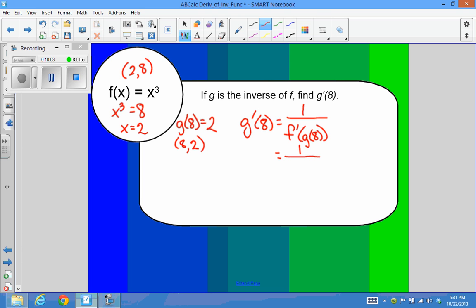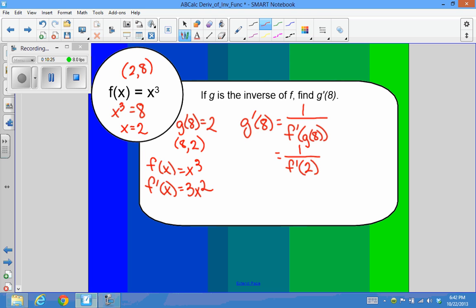That's going to be 1 over f prime at g at 8, which is 2. Well, I've got to find my f prime. If f of x equals x cubed, then f prime of x equals 3x squared.